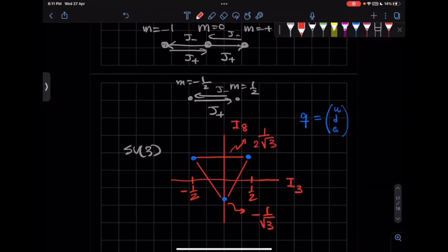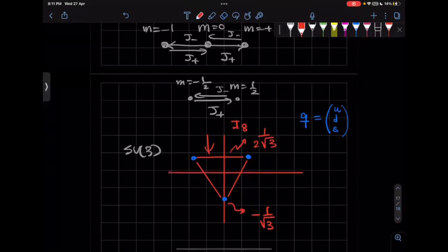So the whole thing should really be shifted down. Let me just make sure this is somewhere here.